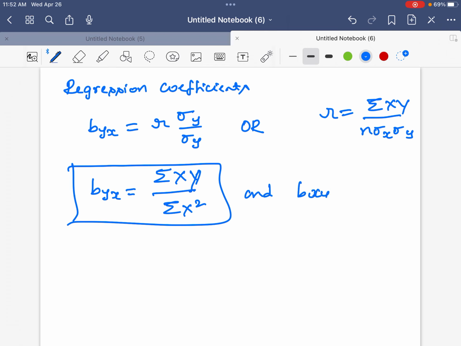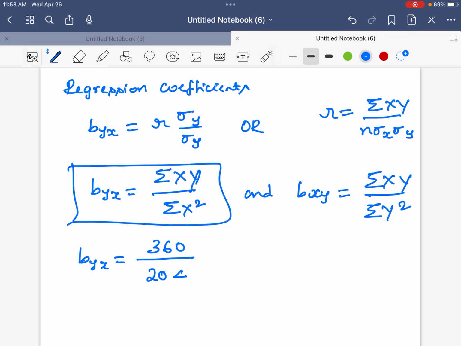Same way, bxy is summation xy divided by summation y square. These are the alternate formulas and are quite easy to use. Therefore, byx is summation xy, which we have got for this problem as 360, divided by summation x square, which is 204. The value of that is 1.7647.